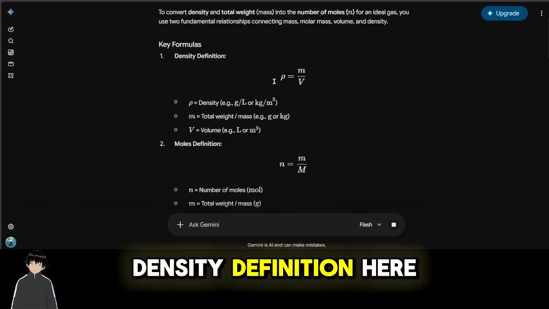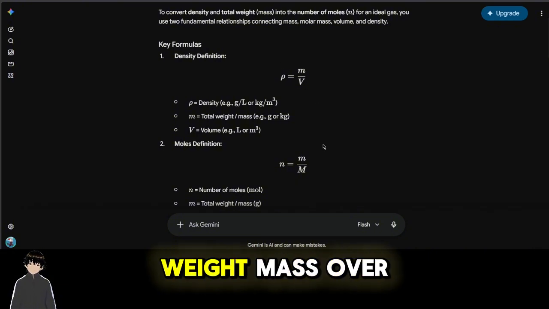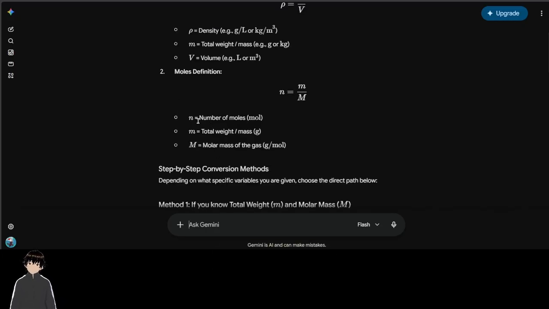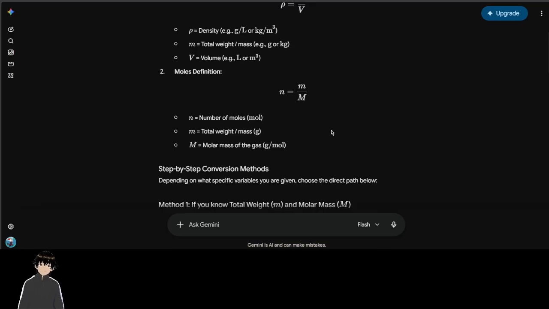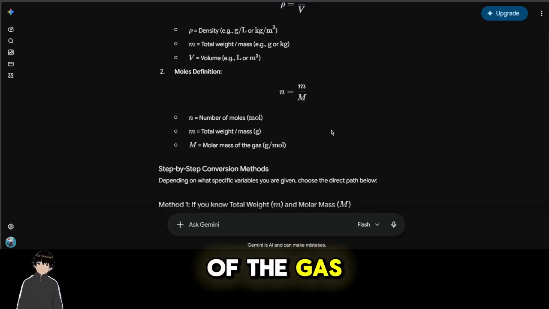So we have the density definition here. Density equals total weight, or mass, over volume. The number of moles is equal to total weight over the molecular mass of the gas.